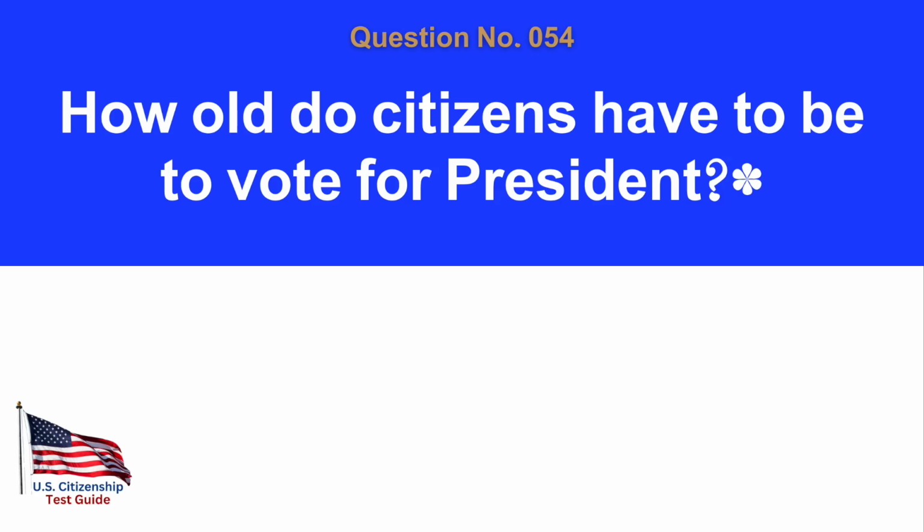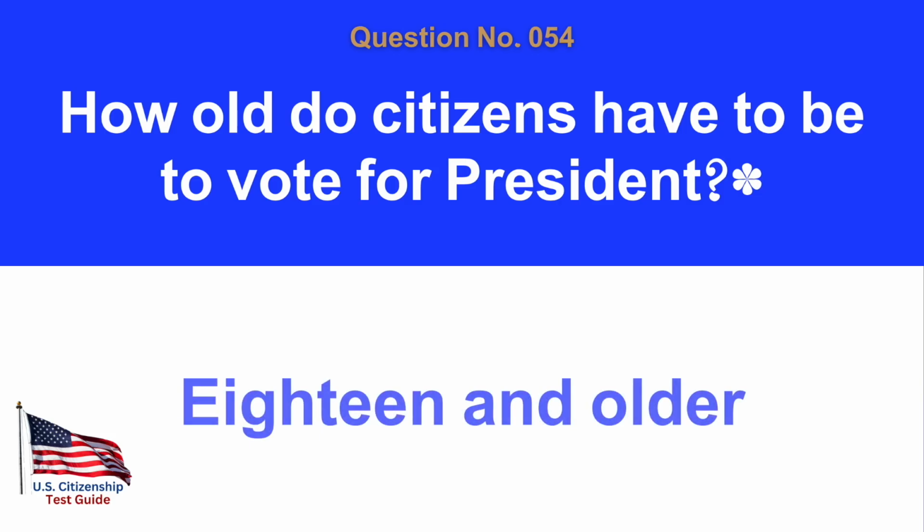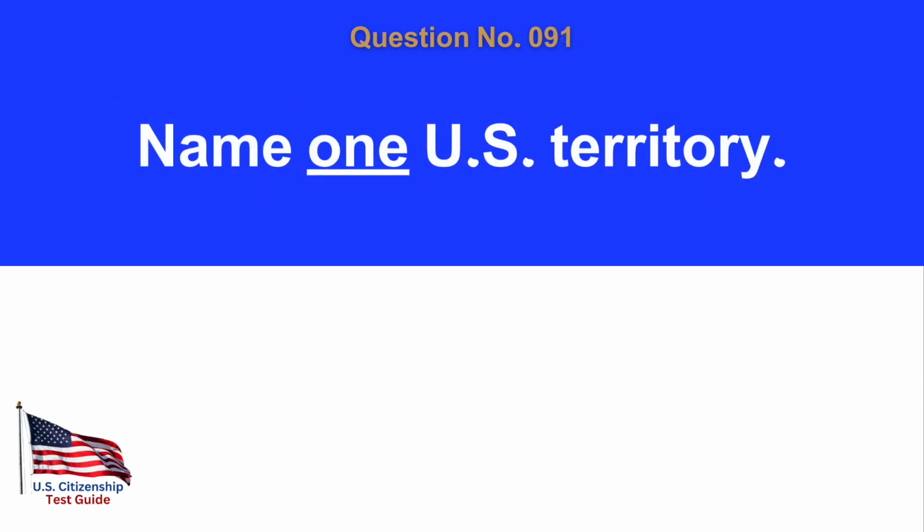How old do citizens have to be to vote for president? 18 and older. Name one U.S. territory. Guam.